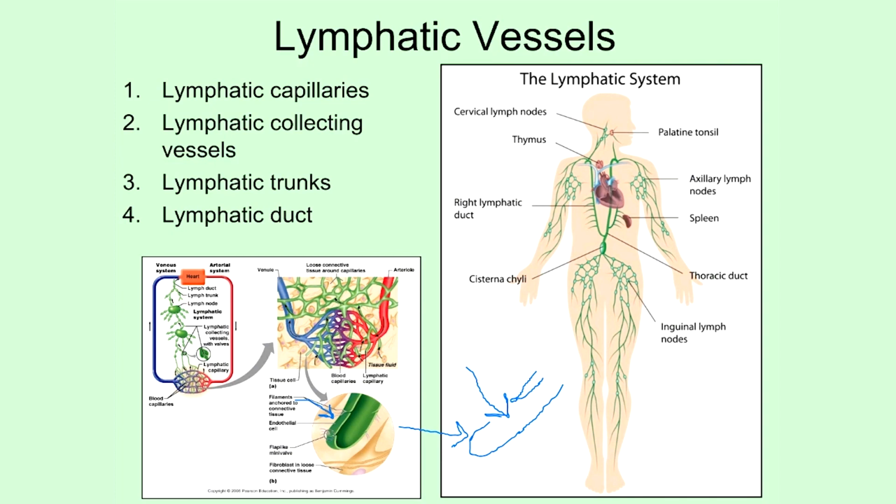But anything else that has been introduced into the tissues as well, such as a virus or a bacterium, is also going to get picked up, because basically the entire wall of that capillary opens up and it allows a very, very large space for things to make their way into the lymphatic capillaries. So for example, if you were to get a cat bite, cats have notoriously dirty mouths.